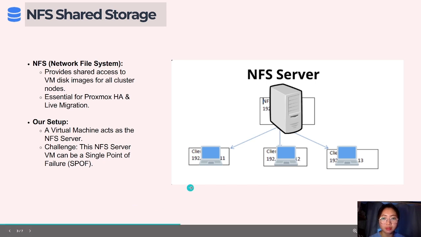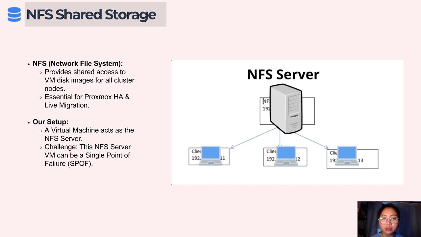In our setup, we utilize a virtual machine initially hosted on node 2 to function as an NFS server. This VM exports a specific directory, which is then mounted by all Proxmox client nodes like PVE1, PVE2, and PVE3.